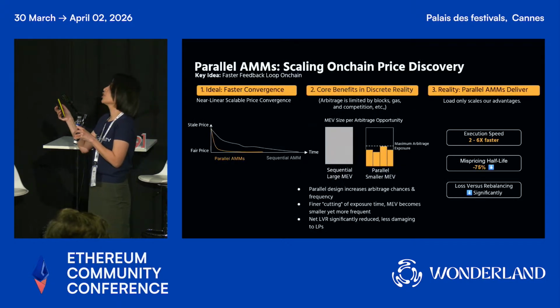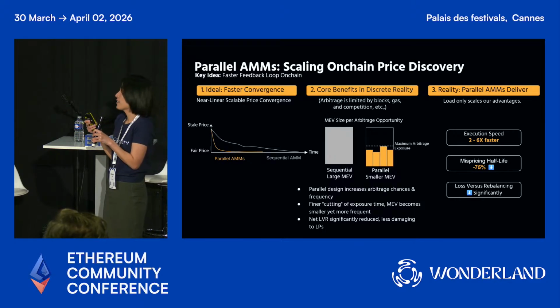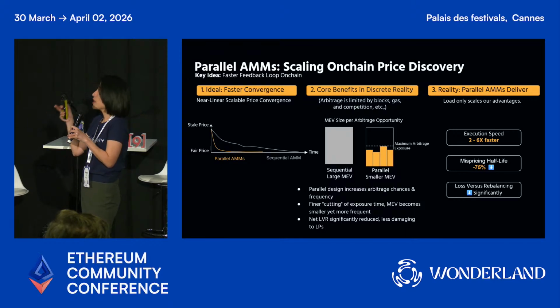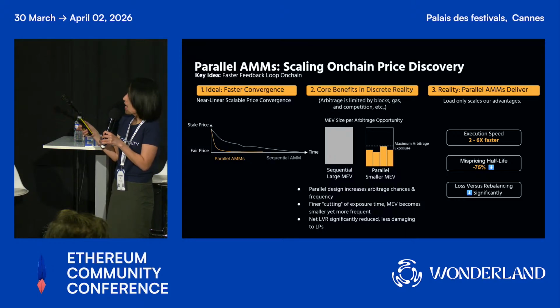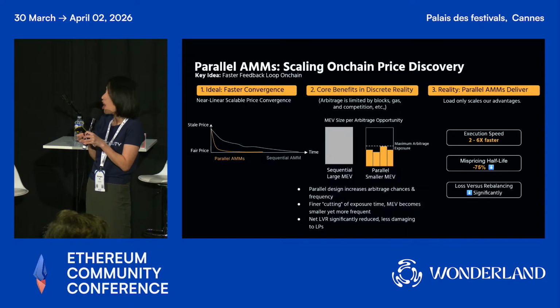We came up with this solution, what we call parallel AMMs. It's actually based on a parallel programming model that we have been working on for years. And now we implemented it in the parallel AMMs to have this faster feedback loop on chain.